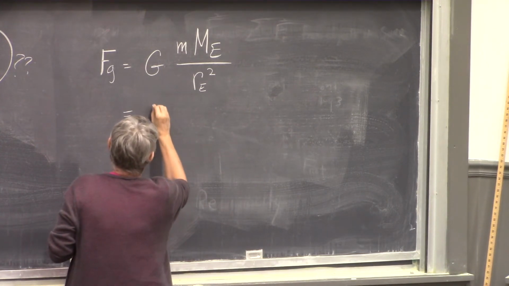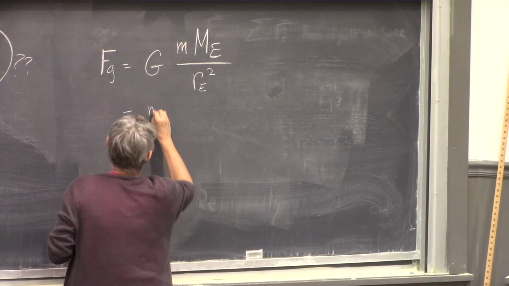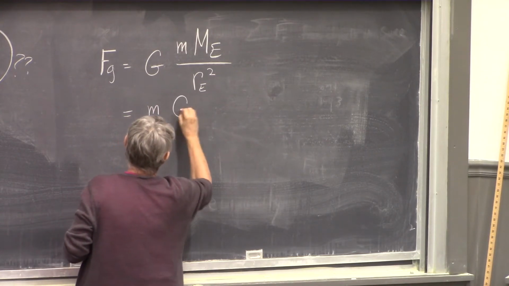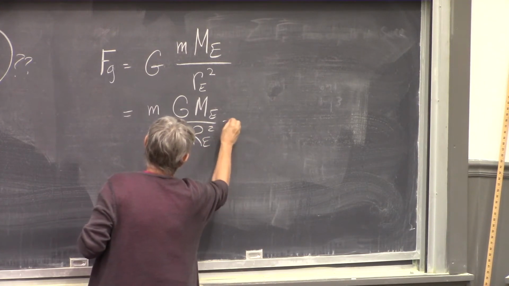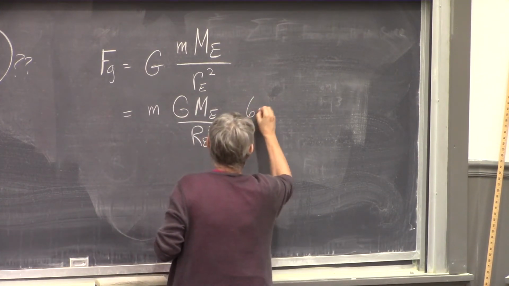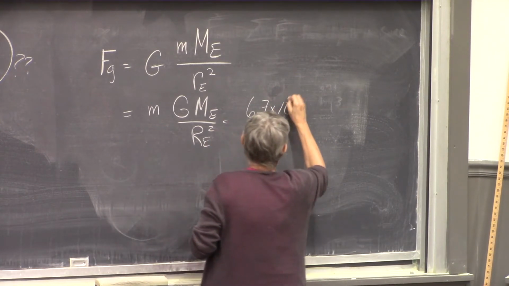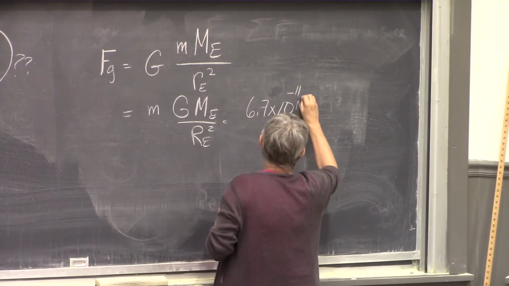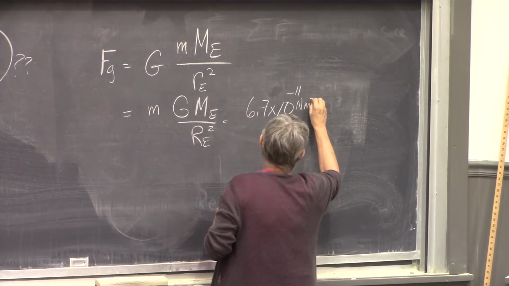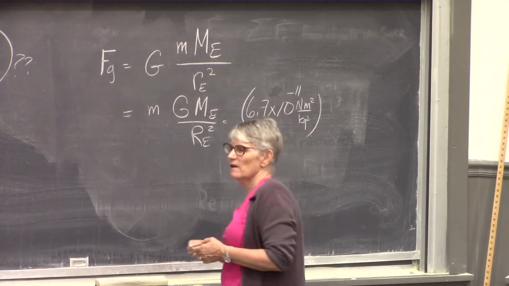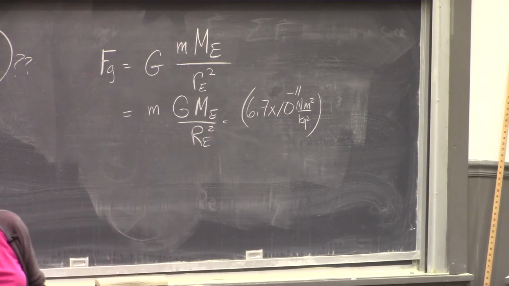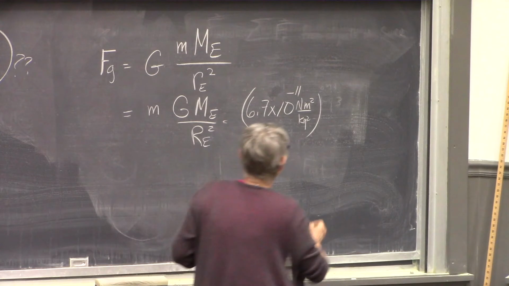If we bring this little m out in front, it's equal to G times the mass of the Earth over the radius of the Earth squared. G is 7 times 10 to the negative 11 newton meter squared per kilogram squared, and the mass of the Earth is about 6 times 10 to the 24 kilograms.